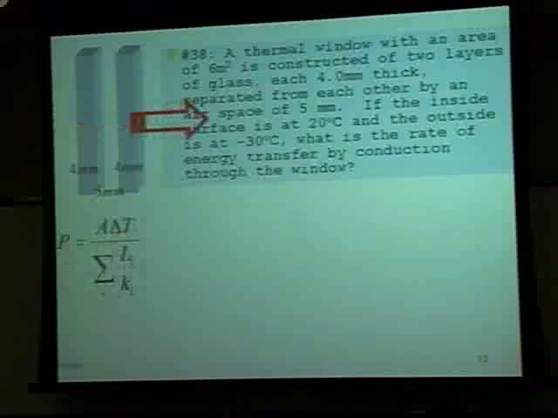Well, since we have multiple substances, our power will equal the area times change in temperature, over the summation of all the R values, which would be the length divided by thermal conductivities. We weren't given the R values, we're given the lengths, and we'll have to get the thermal conductivities from the table.